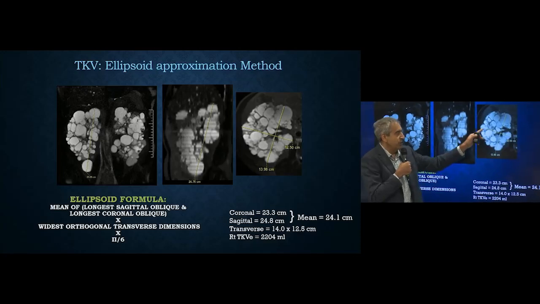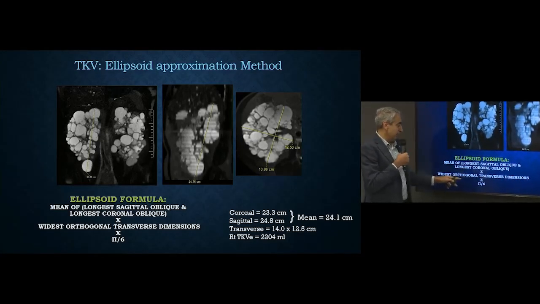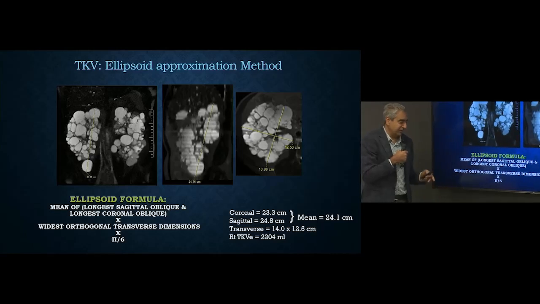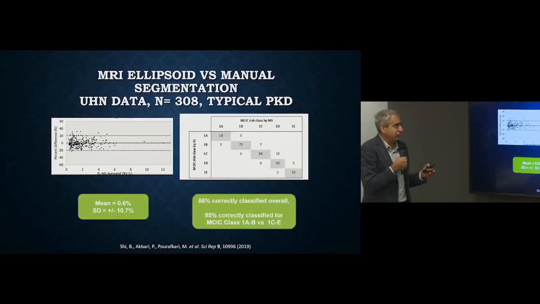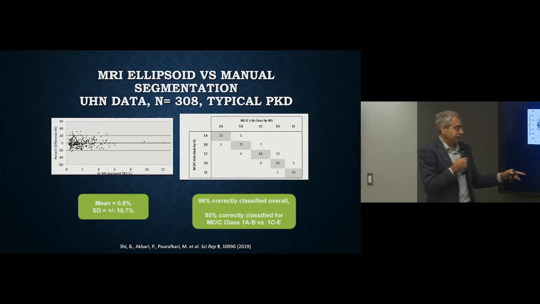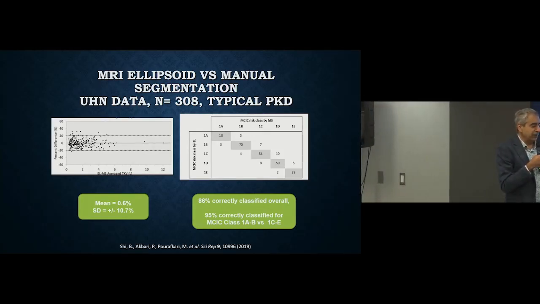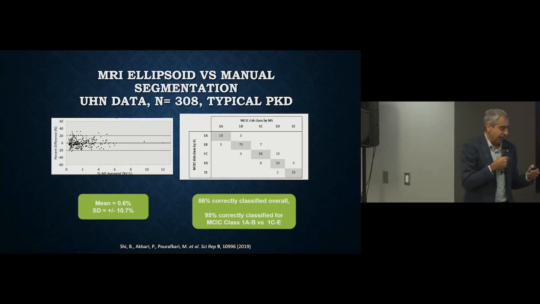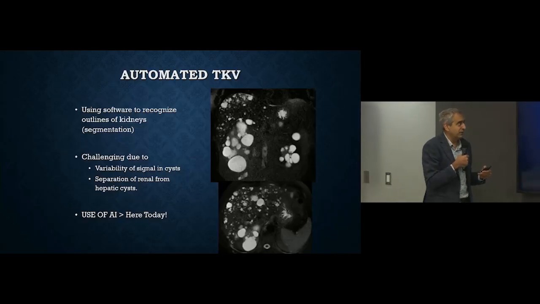So then we have 3 dimensions, and multiply that by pi/6, and this gives us an ellipsoid volumetric volume. And this tends to do fairly well in terms of determining the total kidney volume, especially the class of the disease that you just saw in the prior presentation.